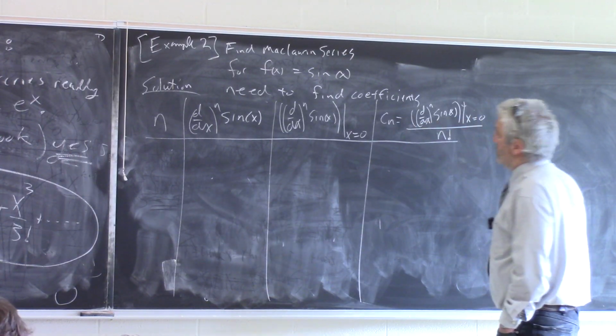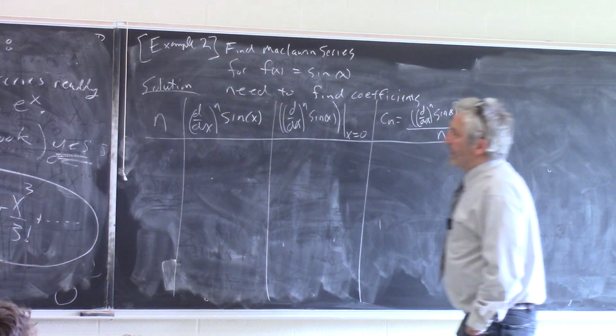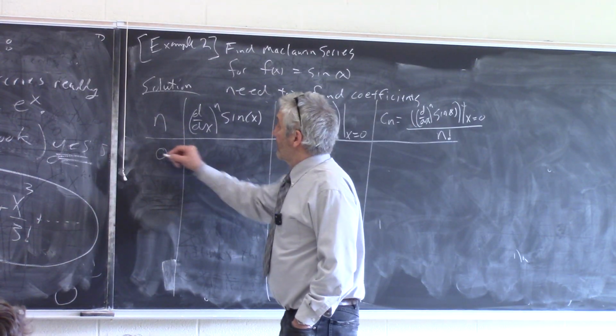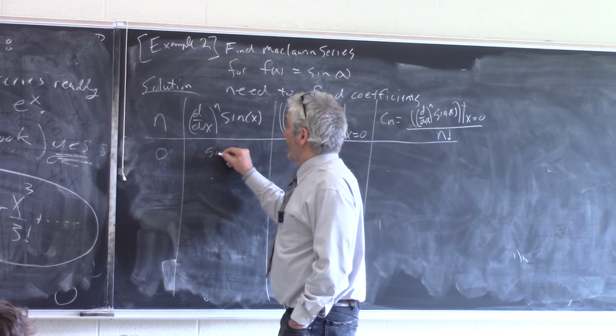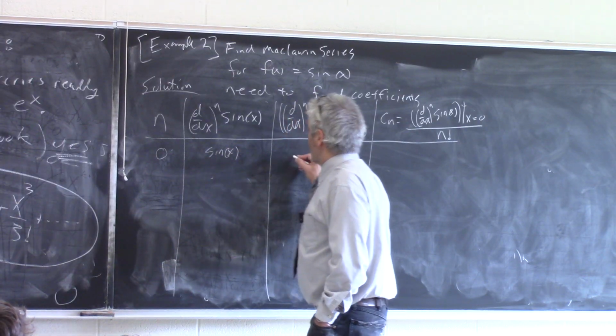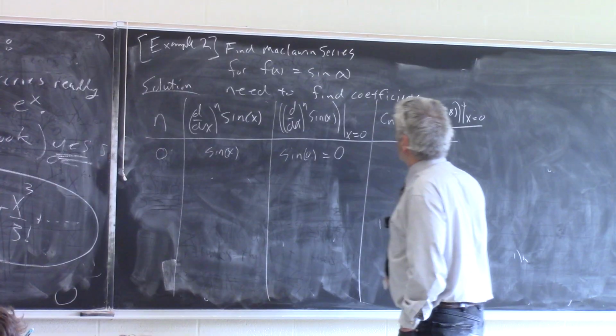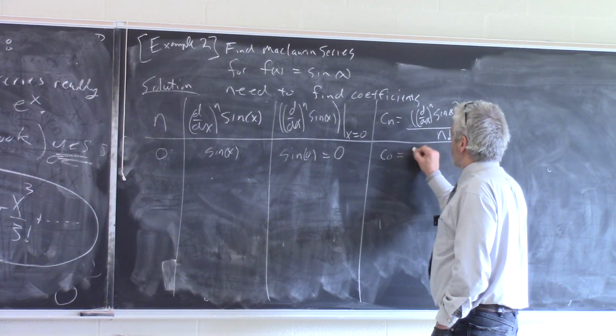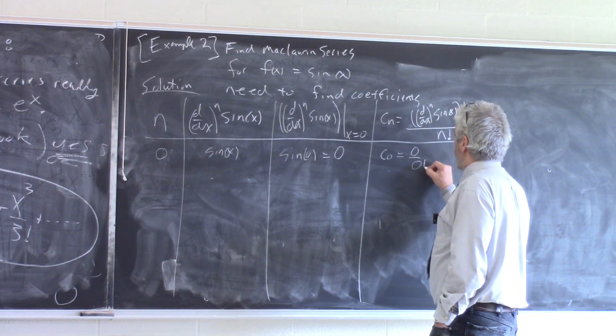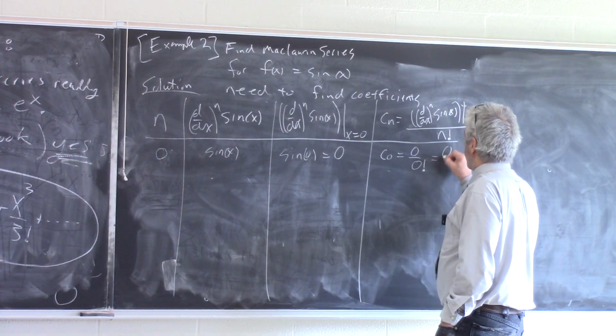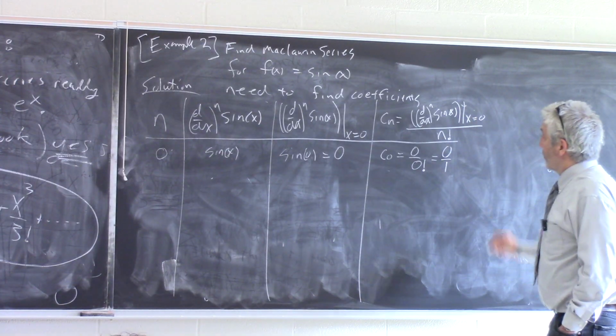All right, so here we go. When n equals 0, that means I don't take any derivatives, so I just have sine of x. So when I plug in 0, I get sine 0. I just get the number 0. So C0 is going to be 0 over 0 factorial. So that's 0 over 1, because remember, 0 factorial is 1.